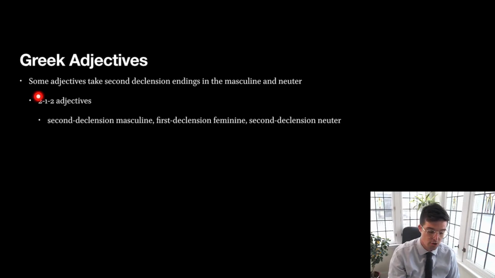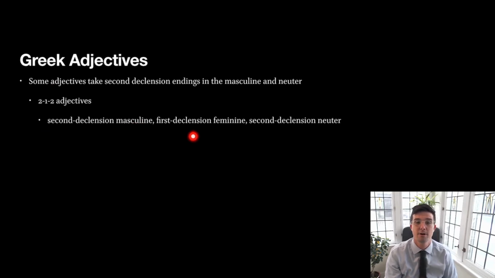These are what we call 2-1-2 adjectives, namely second declension, first declension, second declension adjectives. That is, they take their masculine endings in the second declension, they take their first declension endings in the feminine, and they take their neuter endings in the second declension. So 2-1-2 adjectives are the group of adjectives that we have already seen, though at that time we did not give them this name.